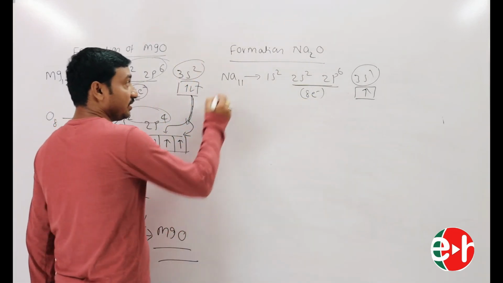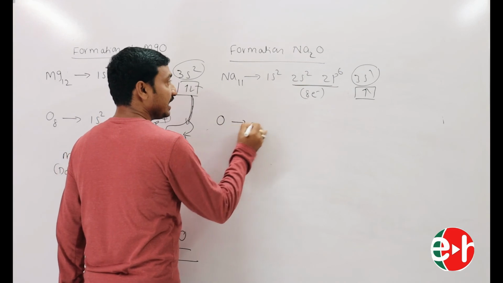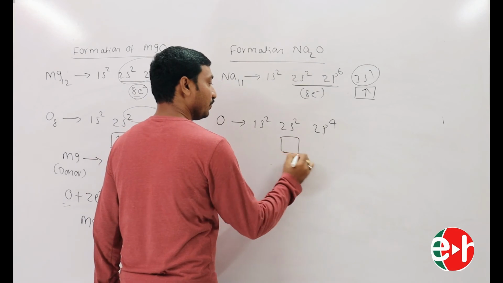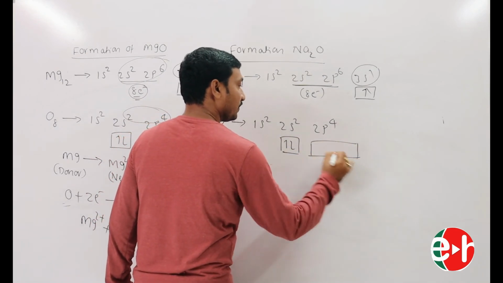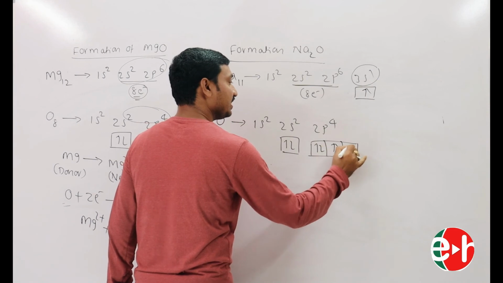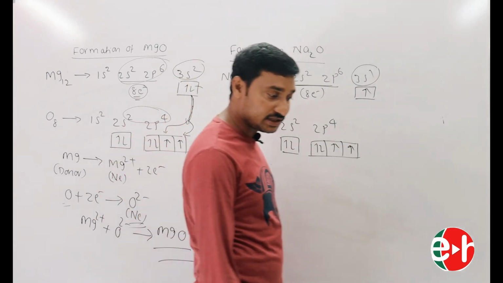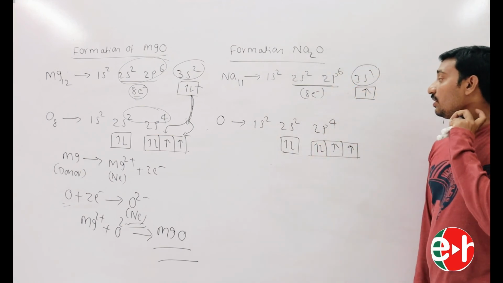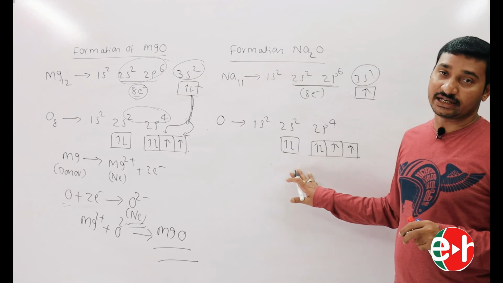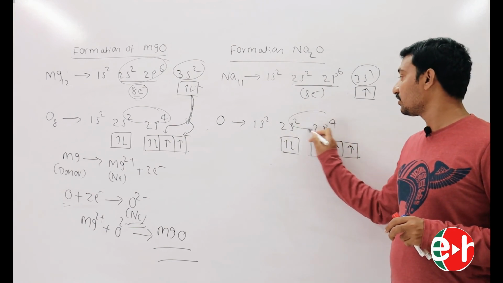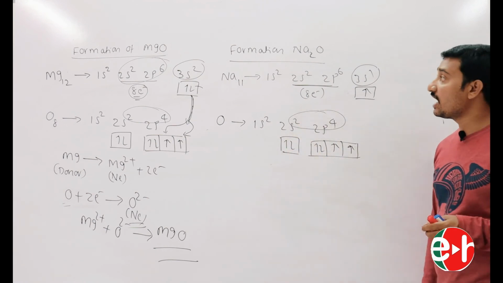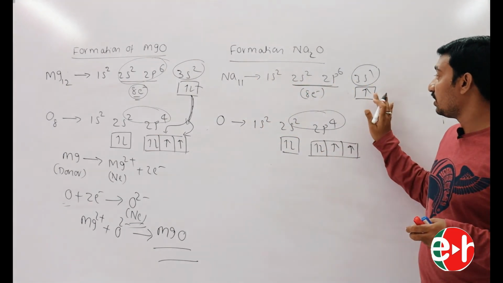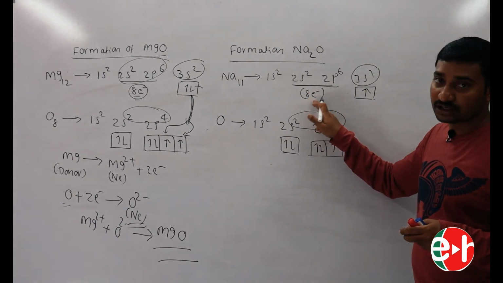Now oxygen, electronic configuration 1s2, 2s2, 2p4. Oxygen has 6 electrons in the valency shell. To get octet configuration, to reach inert gas configuration, or to become stable, it requires 2 electrons, because 6 electrons are present in the valency shell. Then what happens? Each sodium has one extra electron than octet configuration.